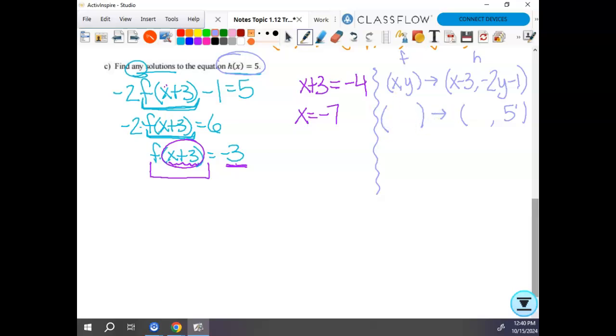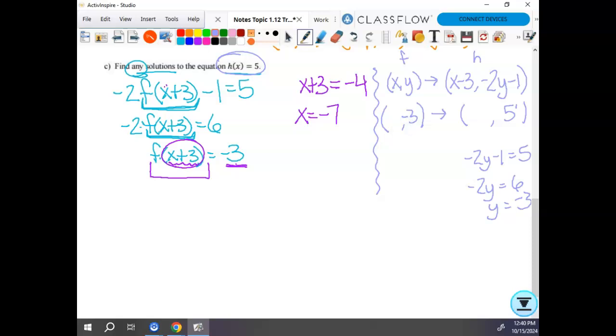So I can set up -2y minus 1 equals 5. I can add 1 to both sides, -2y equals 6. So y equals -3. Basically, we're going backwards. So you can see if I took this y value, multiplied it by a -2, and subtracted 1, boom, that's where I get the 5 from.